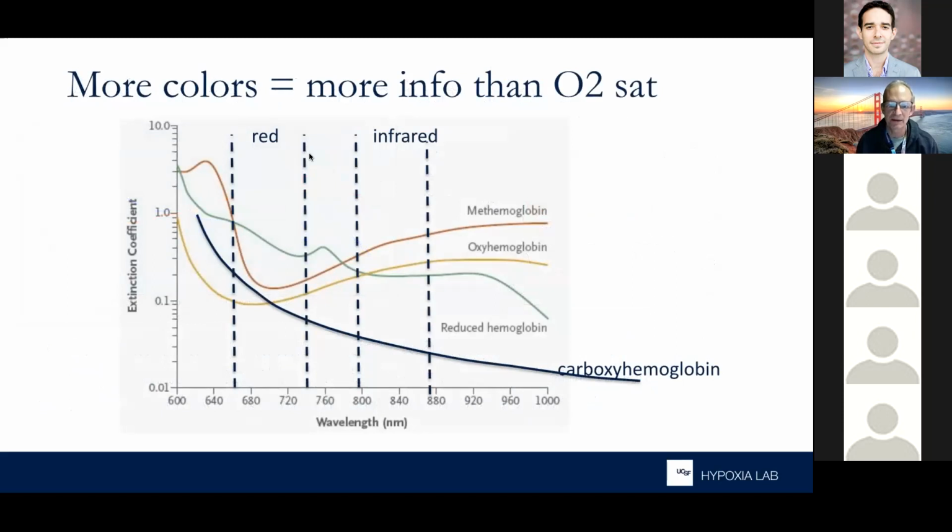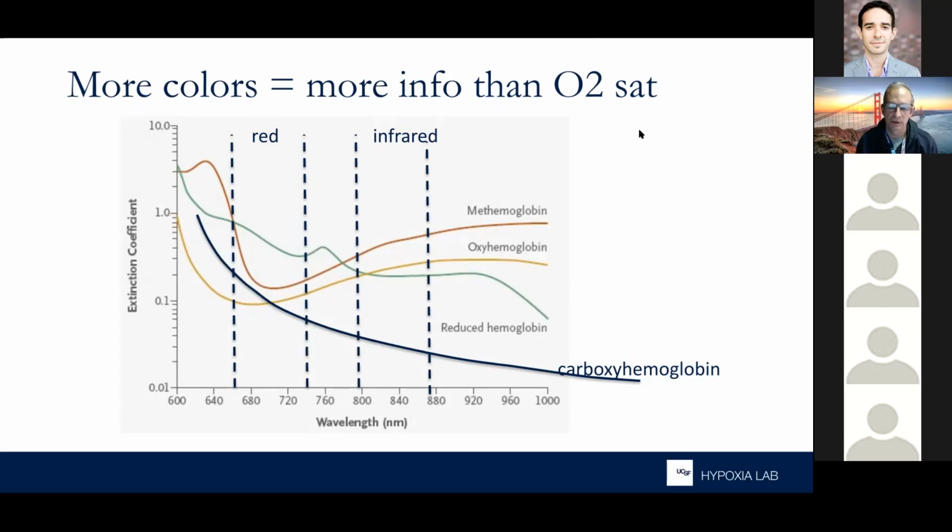Now, expanding the technology beyond just these two standard wavelengths of red and infrared light allows you to do a lot more things. Plotted on this chart are the absorbance spectra of methemoglobin, oxyhemoglobin, reduced hemoglobin, and carboxyhemoglobin.